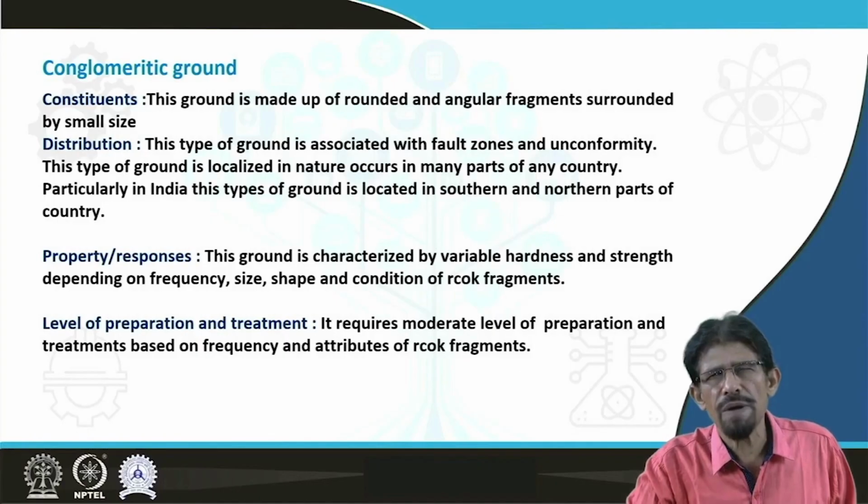This type of ground we generally encounter in the case of a faulted zone, or in the case of a zone where erosion is going to dominate and form an unconformity. When the strata is exposed to the atmosphere for a certain gap of time, then in such situations we are going to get such type of ground.